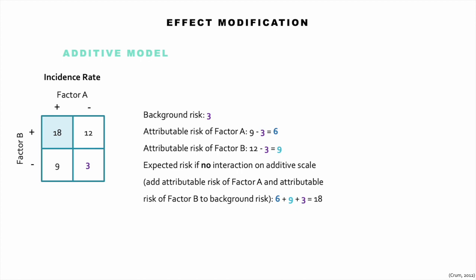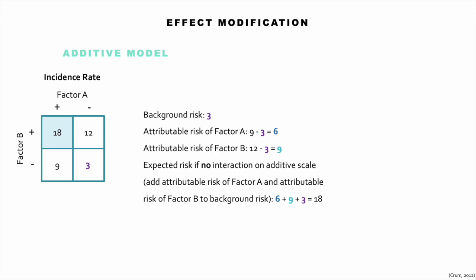If the expected effect and the observed effect are the same, then the factors are acting independently. If the observed effect is greater than the expected effect, then there's a synergistic effect. And if the observed effect is less than the expected effect, then there's an antagonistic effect.